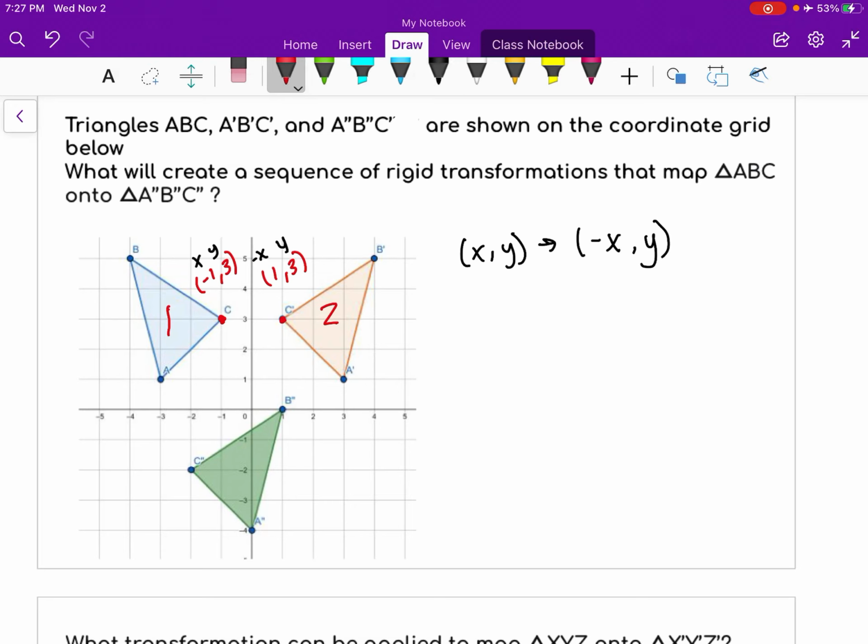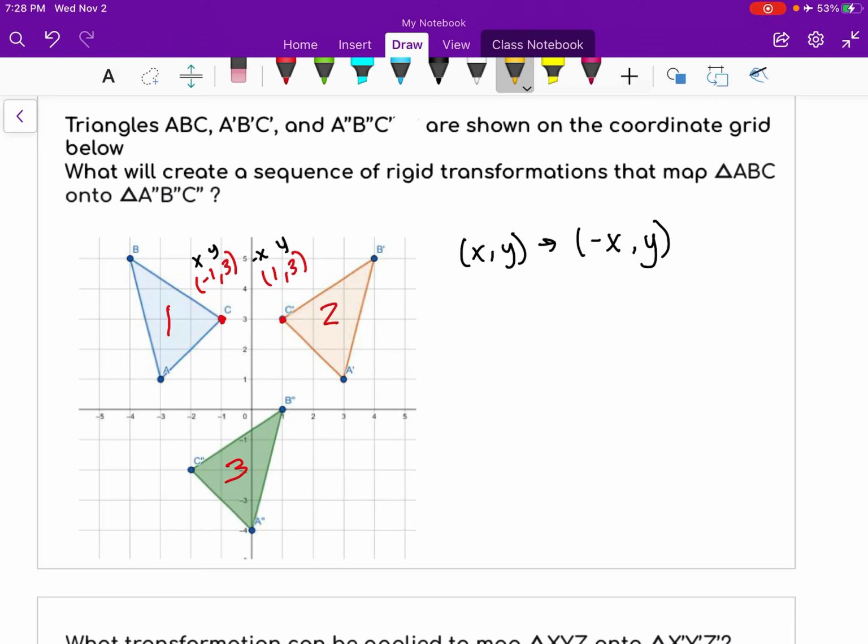Now that we have this done, let's talk about the other two figures, figures 2 and 3. Once again, we can compare points to see what's happening, or we can just look at our graph. In general, we can tell that figure 2 has been moved down and to the left. In other words, it's been translated. What we want to do now is figure out how many units we have translated this figure.